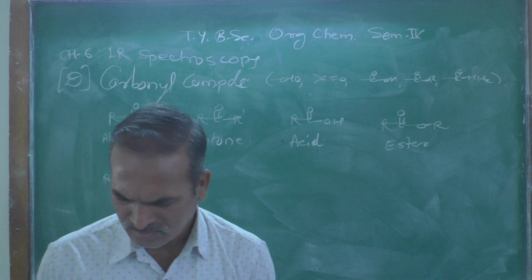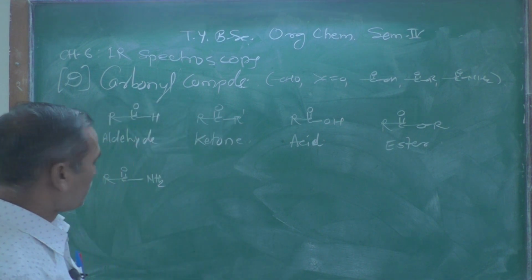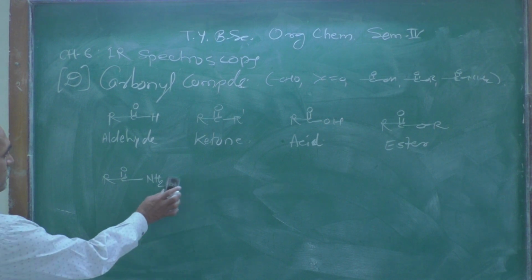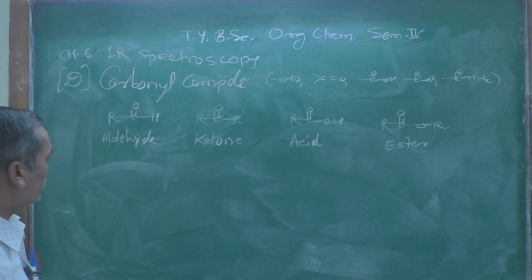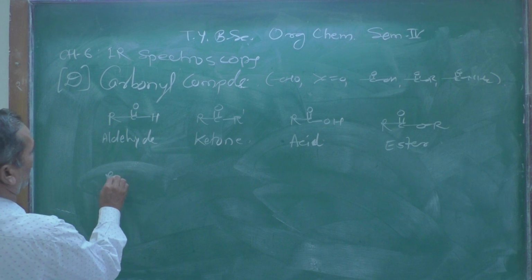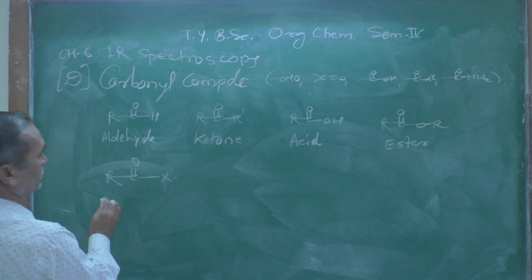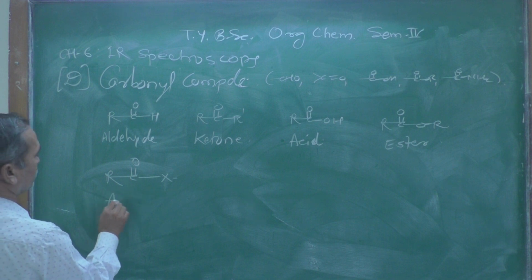Before that, let me draw one more structure which I have forgotten, R C double bond O X, that is an acid halide.